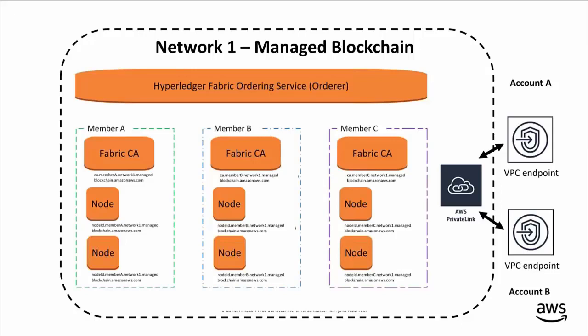You can also provision peer nodes, and we'll talk a little more about what peer nodes do later, but they store the ledger and endorsed transactions for each member. Also provisioned, if you can see on the right, is an AWS VPC endpoint service. That enables each account in the network to create a VPC endpoint in their own account, so that their client machines can interact with the Fabric components.